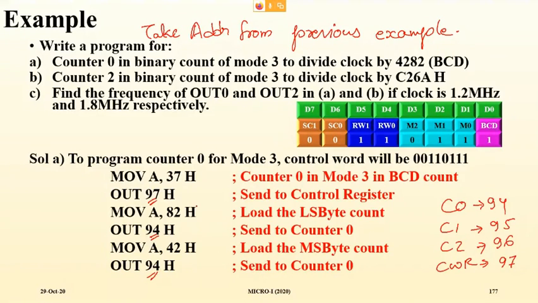So when we are saying move A comma 37, why are we using 37 and 82? So that means the number is 8237. Why did we get 8237 in the first part? Why are we not loading 4282?